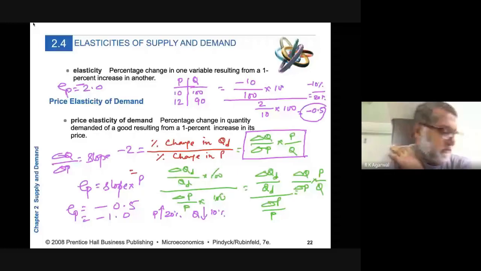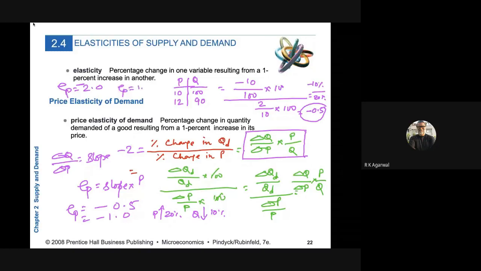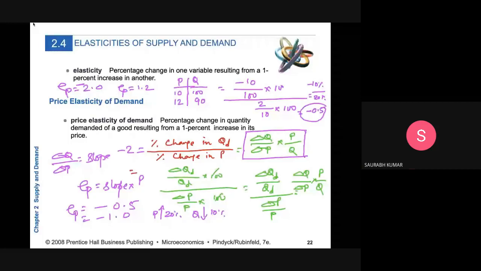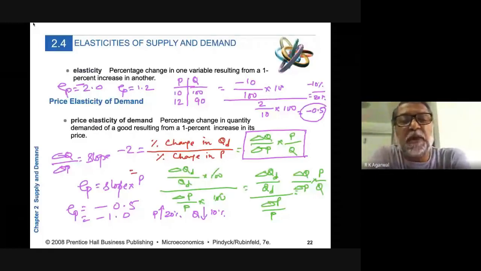What if elasticity is equal to 1.2? That is minus 1.2. Quantity change is 1.2 times the change in price.